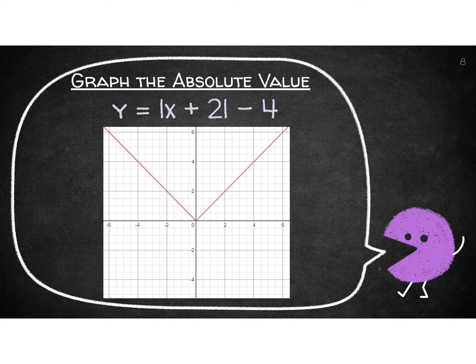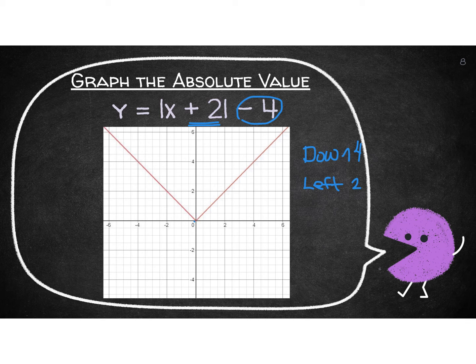Here's one more example of that. Multiple things happening. We have a minus 4 outside the absolute value, so that says we're going to go down 4. And then I have this plus 2 inside that absolute value, so plus 2 means left 2 spaces.